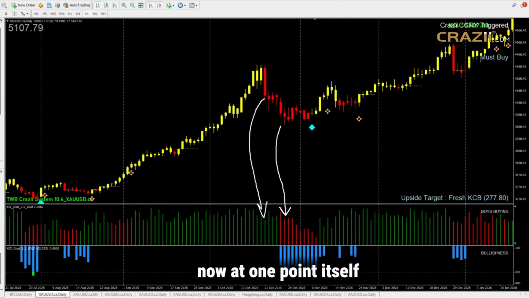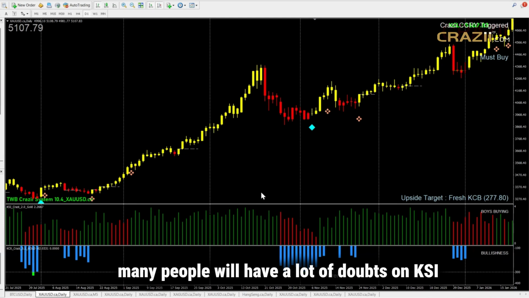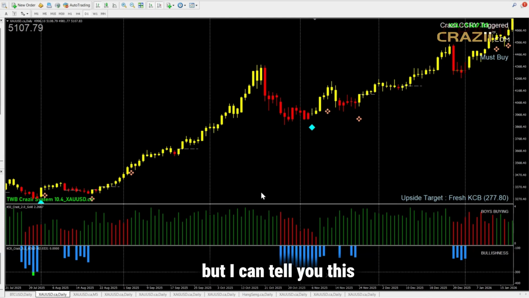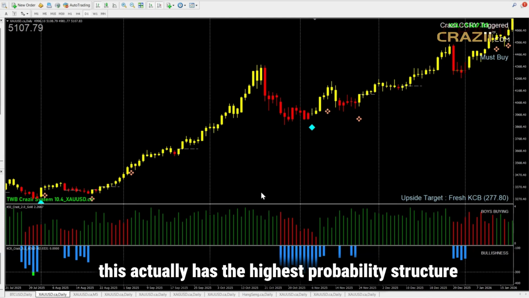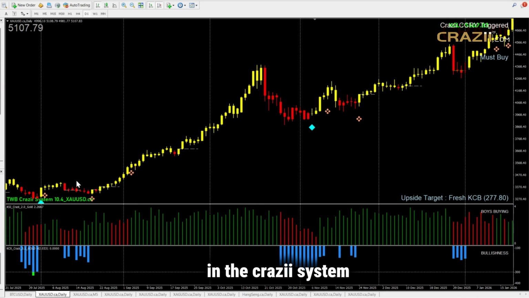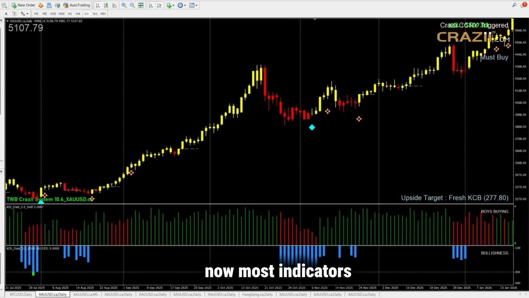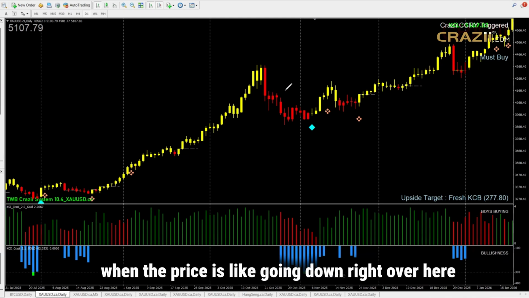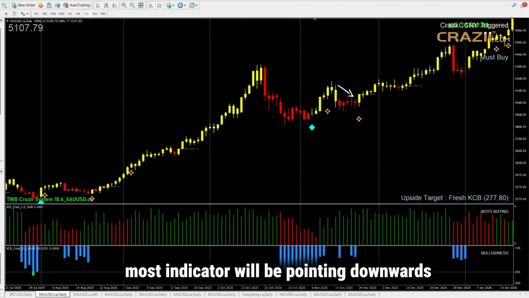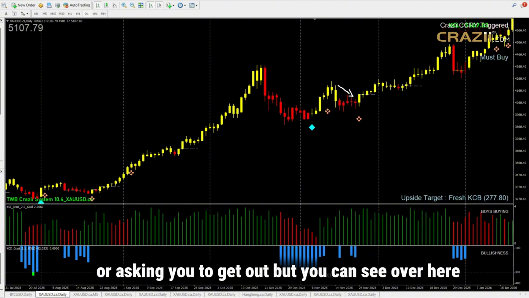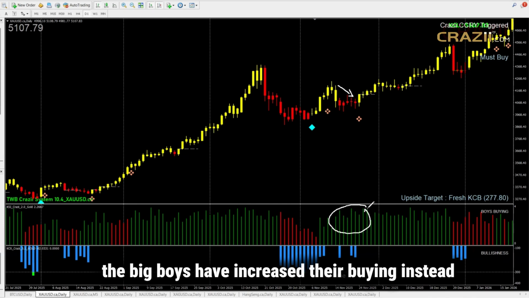At one point, many people will have a lot of doubts about the KSI, but I can tell you this actually has the highest probability structure in the Crazii system, because it doesn't really care about price action. Most indicators, when the price is going down over here, will be pointing downwards or asking you to get out. But you can see over here, the big boys have increased their buying instead.